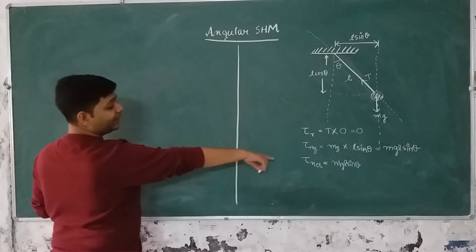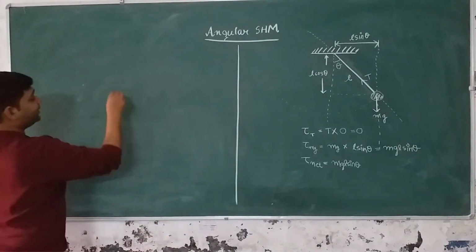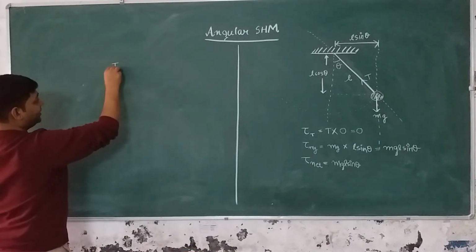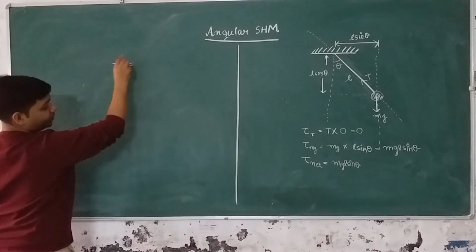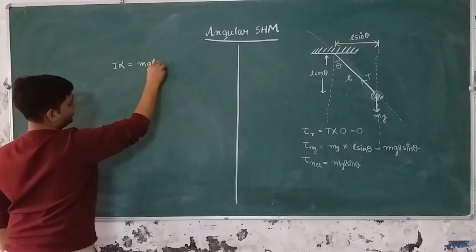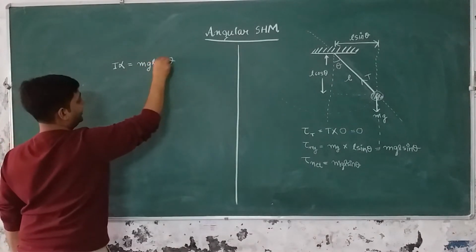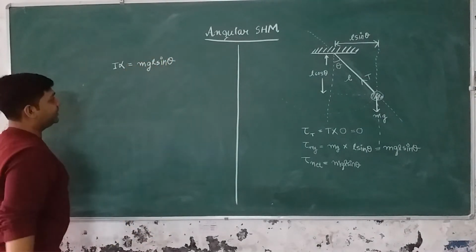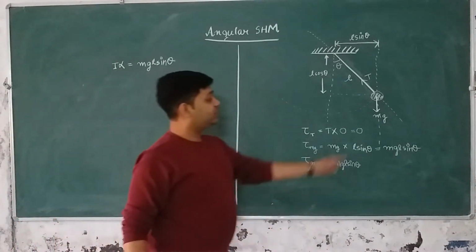So now tau net is equal to mgL sin theta, and tau net can be written as I alpha, so I alpha is equal to mgL sin theta. Now I is the moment of inertia of this ball.